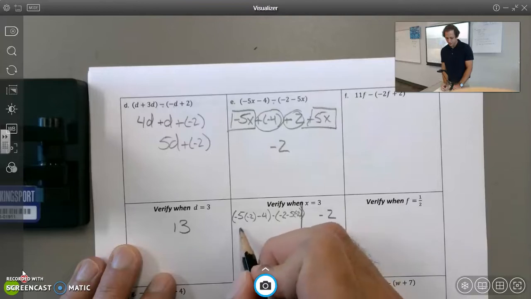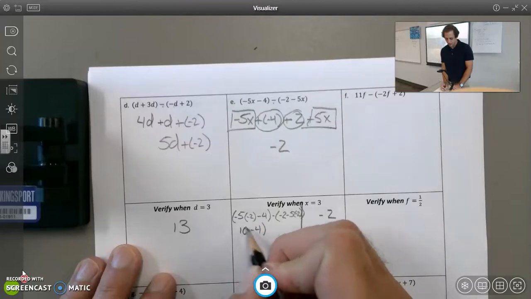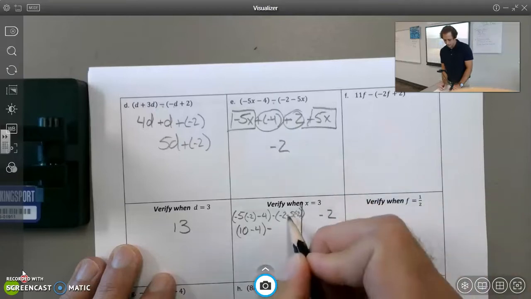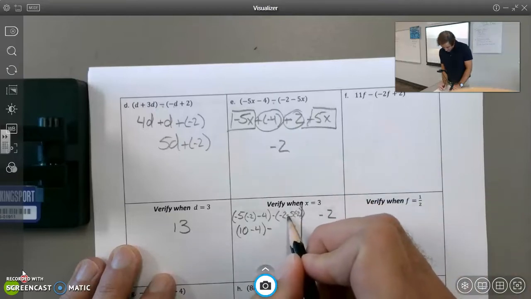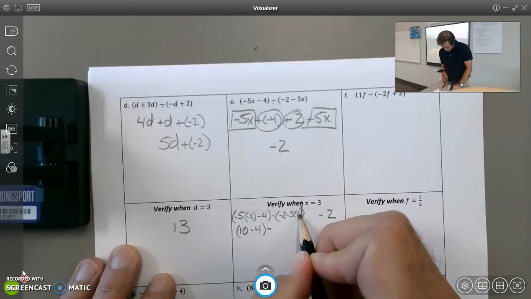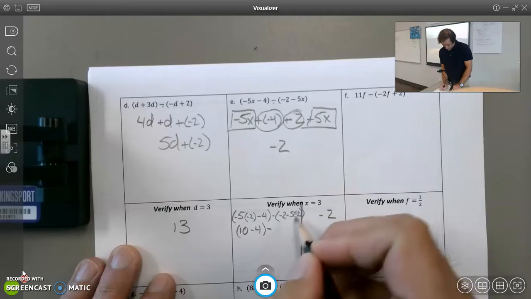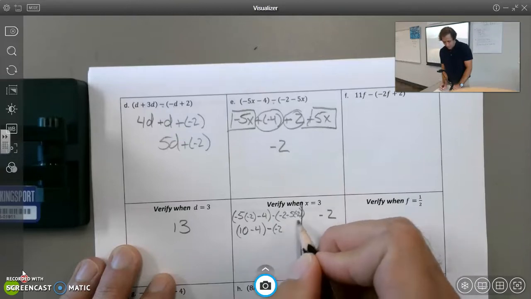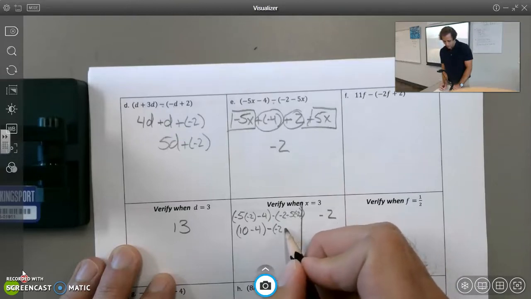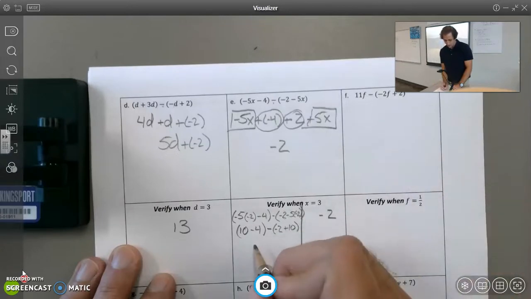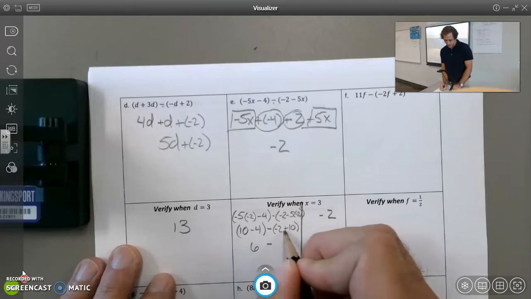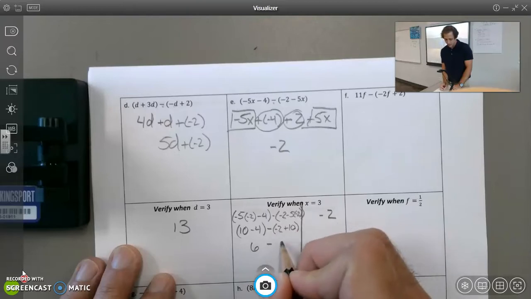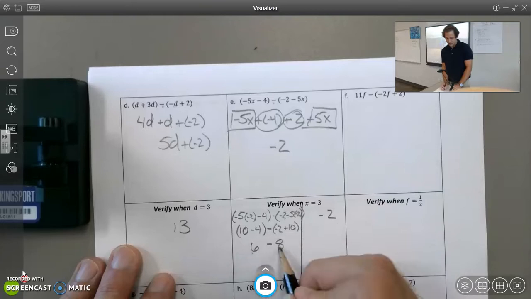Negative 5 times negative 2 is 10 minus 4 minus, over here I have negative 2 minus 5 times negative 2. So that's going to be negative 2 minus negative 10, or so I can say plus 10. So this is 6 minus negative 2 plus 10 is 8. 6 minus 8 is negative 2.